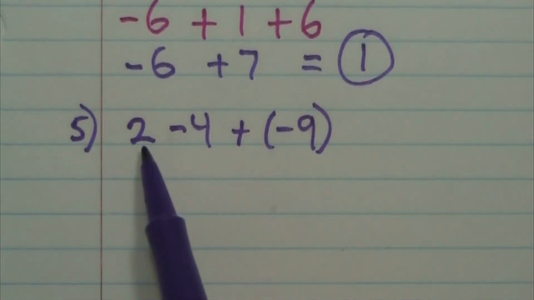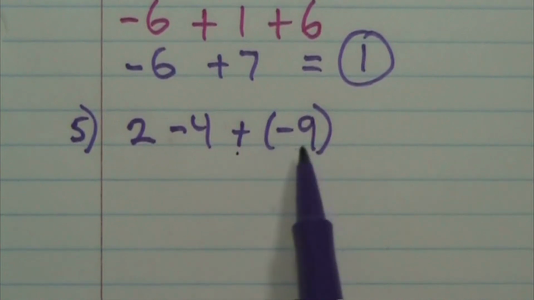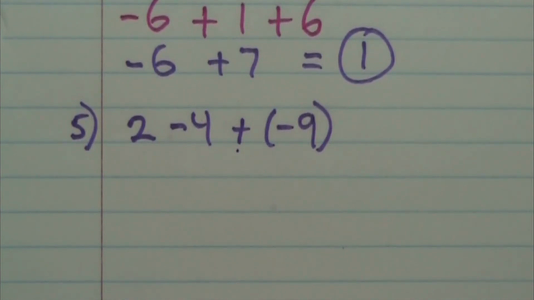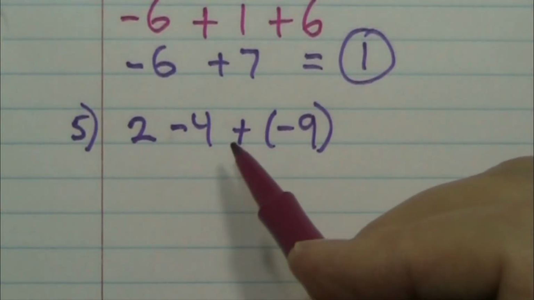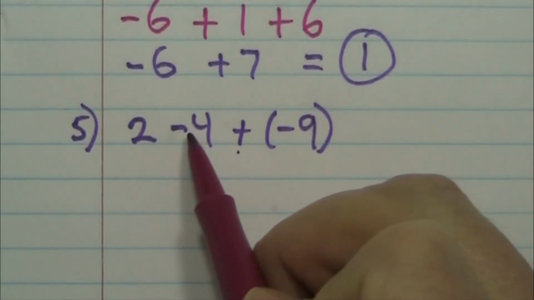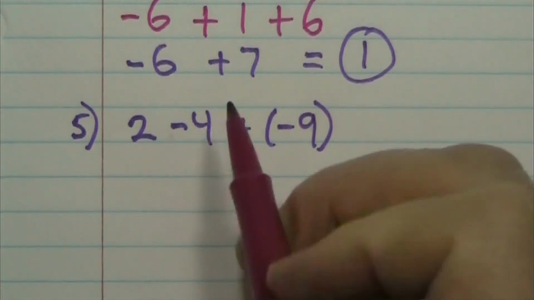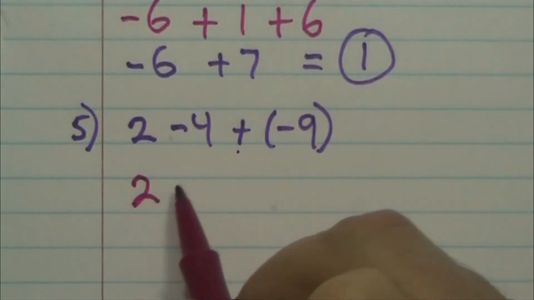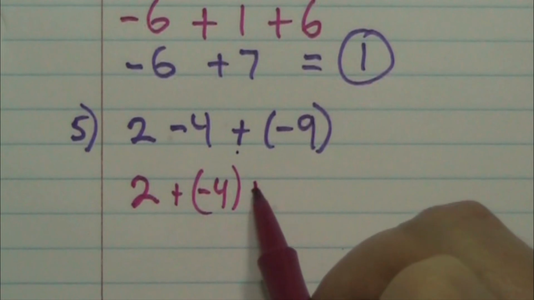Either way, it works out. So the next one we have 2 minus 4 plus negative 9, or you could say and negative 9. So 2 and this is the same thing as negative 4, right? 2 and negative 4. I'll rewrite it. You don't have to if you don't want to. But that's 2 and negative 4 and negative 9.